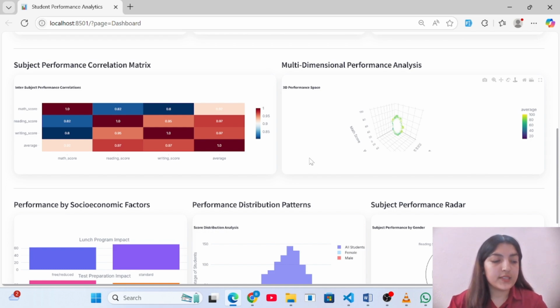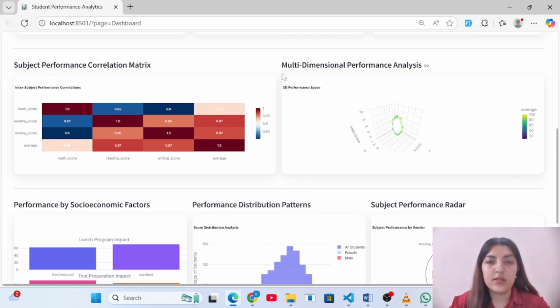The next one is math score and reading score, which is 0.85, also a strong correlation. The next one is math score and writing score, which is 0.85, also a good correlation, but slightly lesser than the above one. The last one is the average, which totally depends on the individual scores.